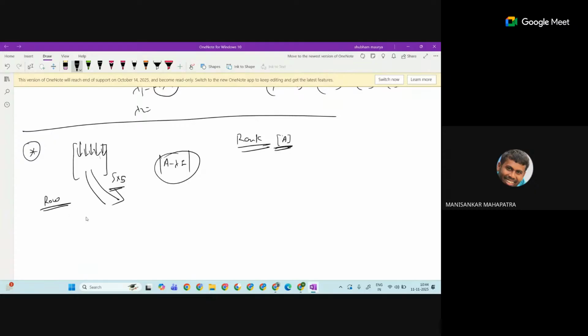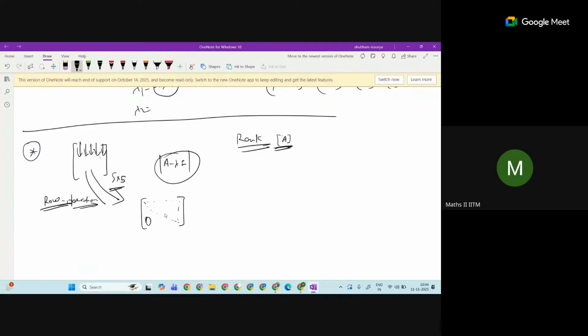Yes, sir, elimination. We can follow the elimination method and try to convert this matrix into some kind of upper triangular form, where with the row operations we make the entries below zero, and we don't care whatever numbers are coming above.